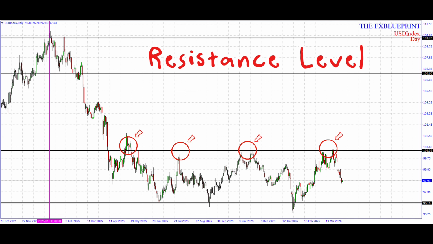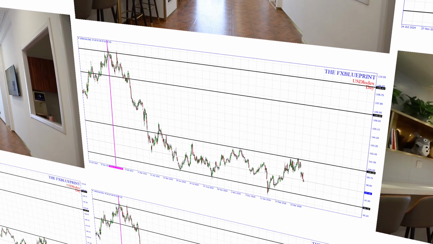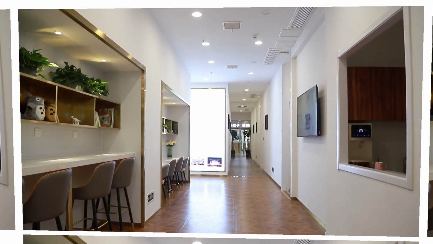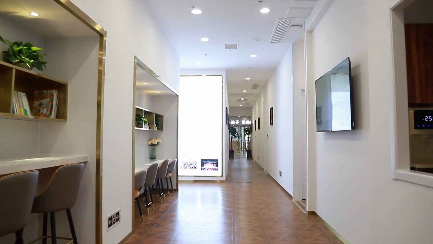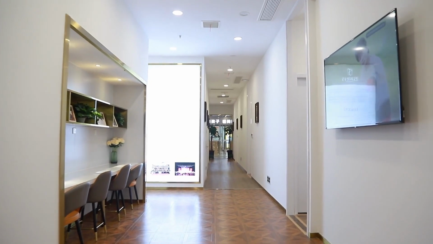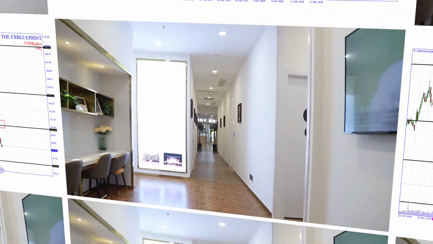As indicated in the diagram, you can clearly see it stopped 4 times, signaling that it's a very strong resistance level. In simple terms, I would say support acts like a floor under price, while resistance acts like a ceiling over price.